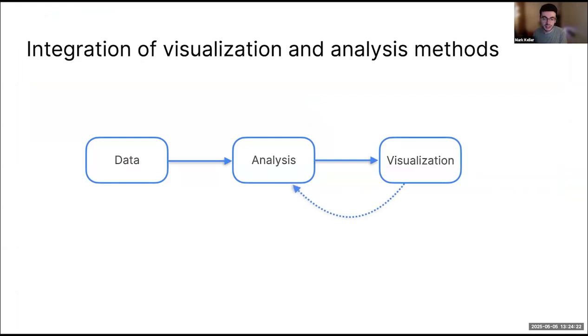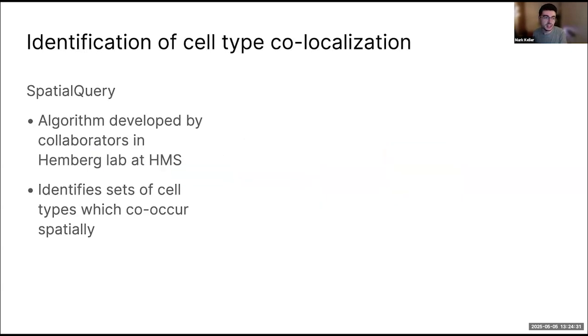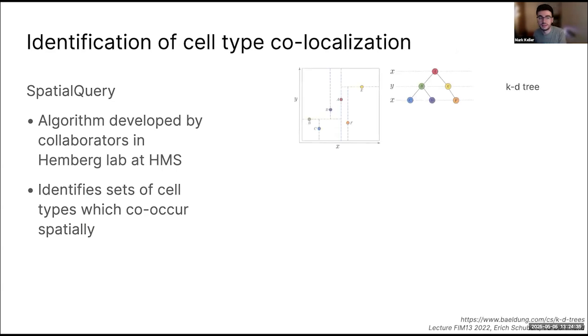And I just next want to highlight a use case where the analysis and visualization are happening iteratively. So here our collaborators developed this spatial query algorithm to identify sets of co-occurring cell types. So first, this method builds a KD tree to spatially index the data.